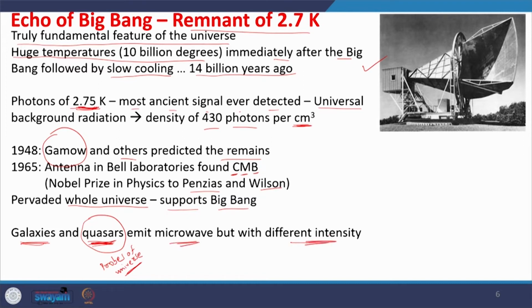When I say cosmic microwave background, it is assigned to 2.75 kelvins, which comes into the region of microwaves. If you see the electromagnetic spectrum, this 2.75 kelvin corresponds to a wavelength in the microwave region. Quasars and galaxies also emit microwaves.